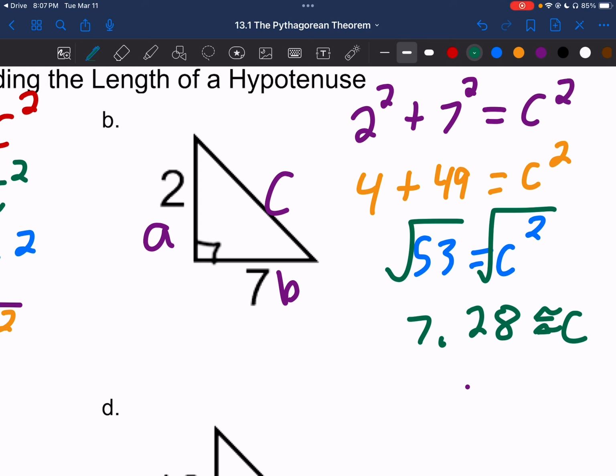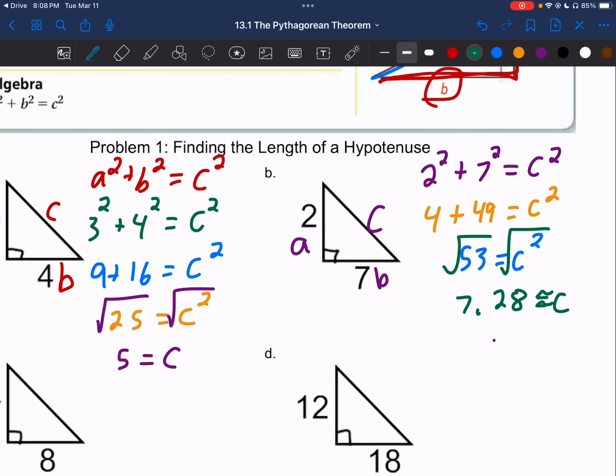If you rounded it to the nearest tenth, it'd be 7.3. My tendency in these is to round to the nearest hundredth place. You can have future math teachers or science teachers teach you about significant figures and appropriate places to round. But for us, hundredth place is pretty solid. All right, I'd like you to try letters C and D on your own and then check your work against mine.